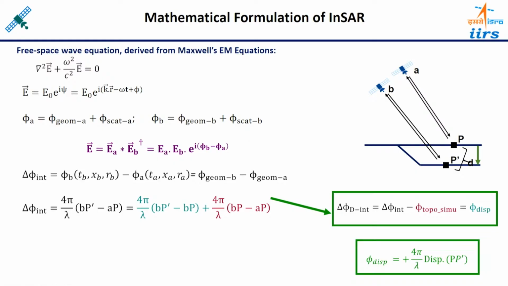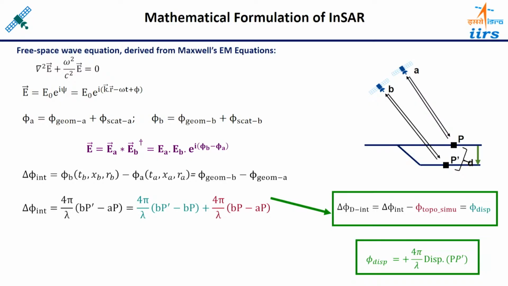But in reality, when we acquire one SAR image and then another SAR image, the atmospheric conditions are totally different. If atmospheric conditions are different, the scattering of both the signals will be different. So the scattering phase is not the same.